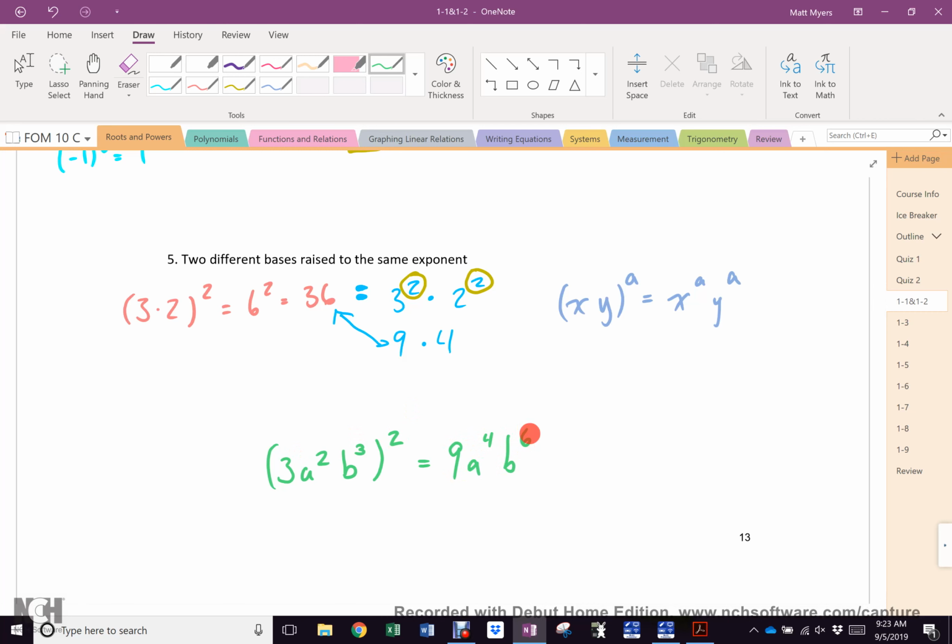Everyone's good? Okay. Now I'm going to add a wrinkle. I'm going to divide that by 6ab. So what would happen right here? What would I need to write there? What should I write in this box right here?